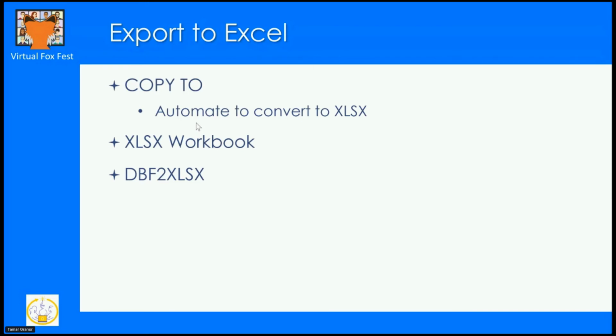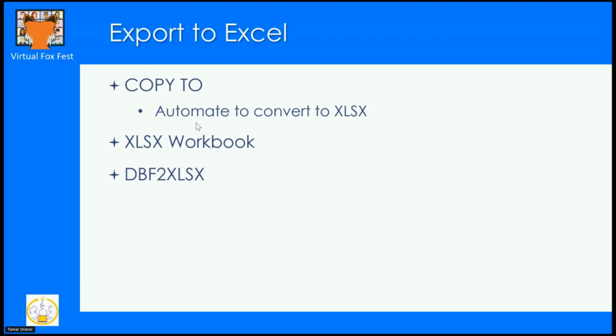So one possibility is, once you've done the copy to, you can automate Excel, open the file, and do a save as to store it in XLSX format. That works. The downside is that the machine on which you create the file has to be running Excel, which it may not be.